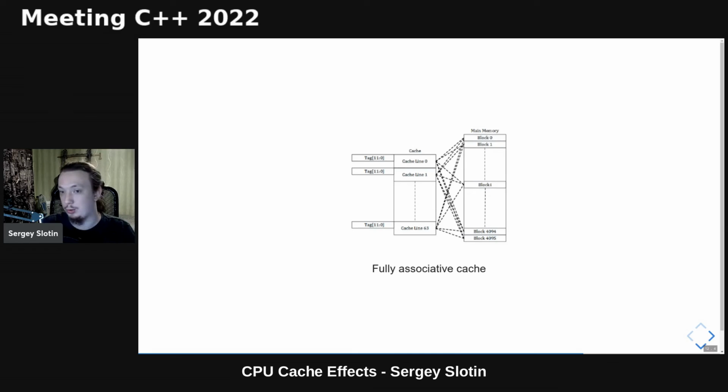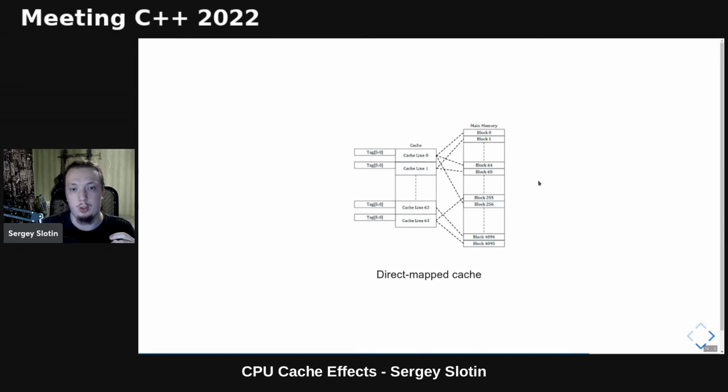You can make a fully associative cache that has like 16 entries or so, but managing hundreds of cache lines already becomes either prohibitively expensive or so slow that it's not worth it in the first place. So instead of this, we can resort to another much simpler approach. We can just map each block of 64 bytes, each cache line in RAM, to a single cache line which it can occupy.